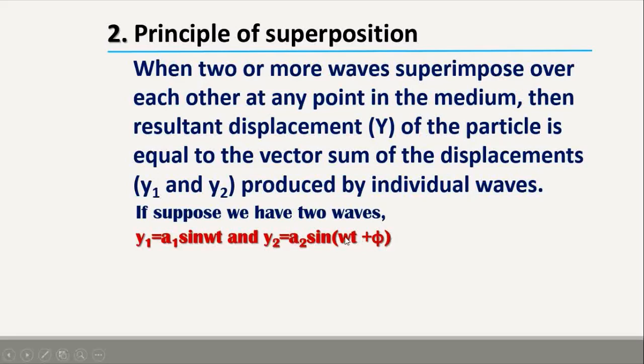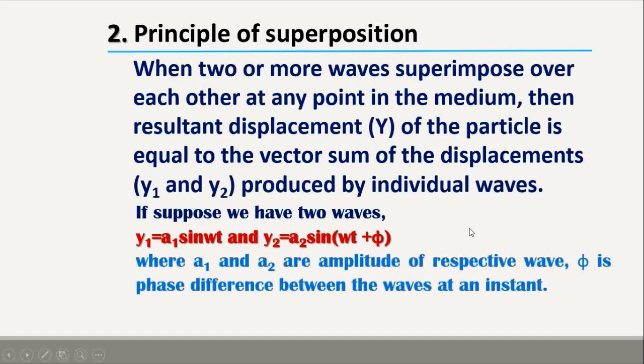So there is a difference between these two waves. When they are having a different state and meet at a particular point, what is the effect that we are studying? Because of that reason only, I have taken one more extra term called initial phase. And A2 is its amplitude. And if they meet at one particular point, there will be a resultant wave.